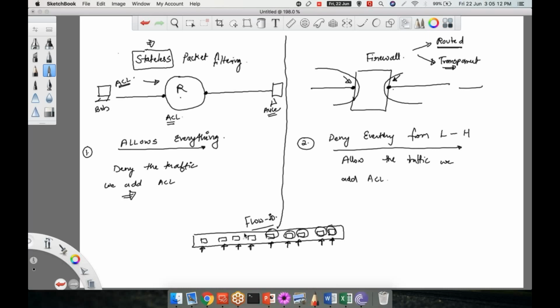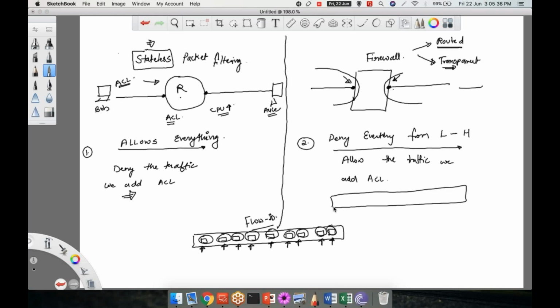Is it good or bad? So the answer is, every packet of a flow has the same source IP, destination IP, source port, and destination port, everything is the same. If every packet is getting inspected by the router, the CPU utilization goes tremendously high. Unlike in a firewall.